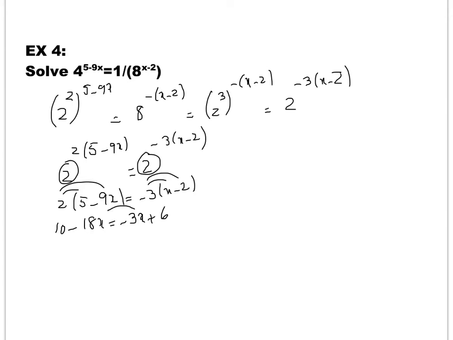I bring negative 3x to the left and 10 to the right. I get negative 18x plus 3x is negative 15x is equal to negative 10 plus 6 is negative 4. So from here, x is negative 4 over negative 15, which is 4 over 15.